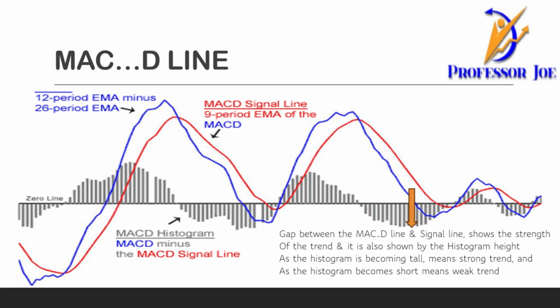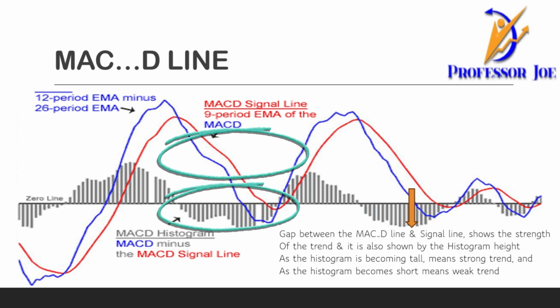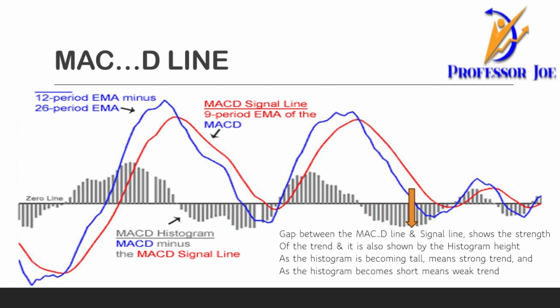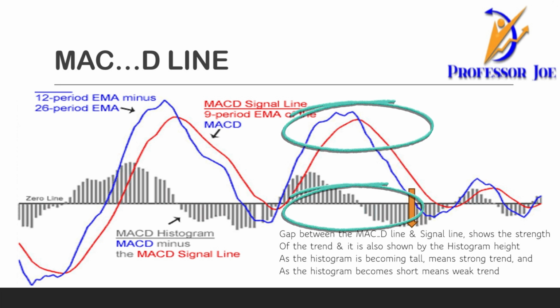Now, like you can see in the histogram, its length keeps increasing as the gap between the MACD line and the signal line increases. And the histogram decreases in length as the gap between the MACD line and the signal line decreases.